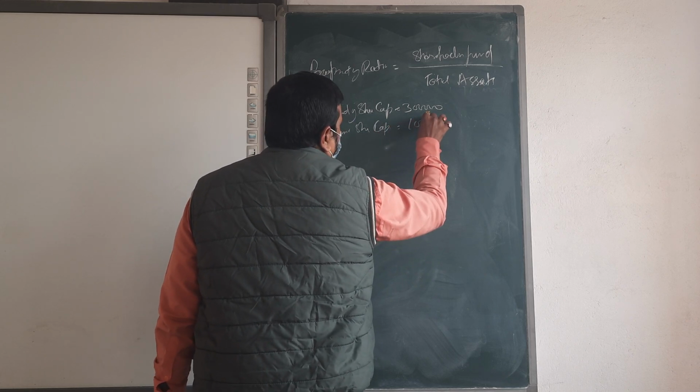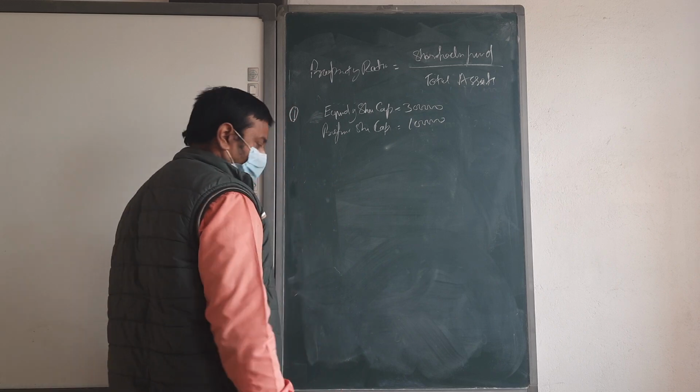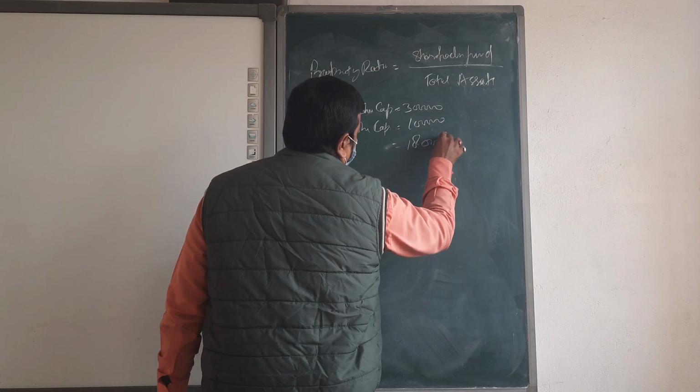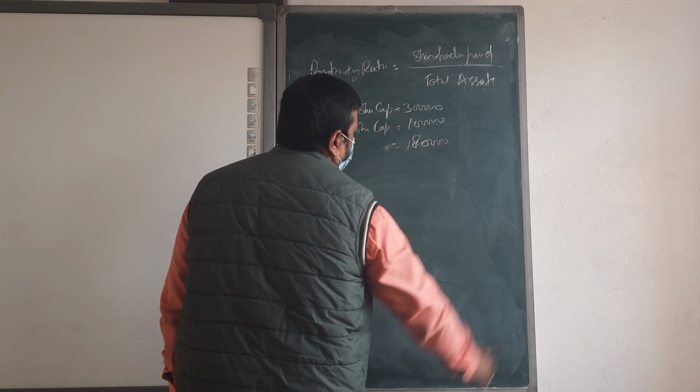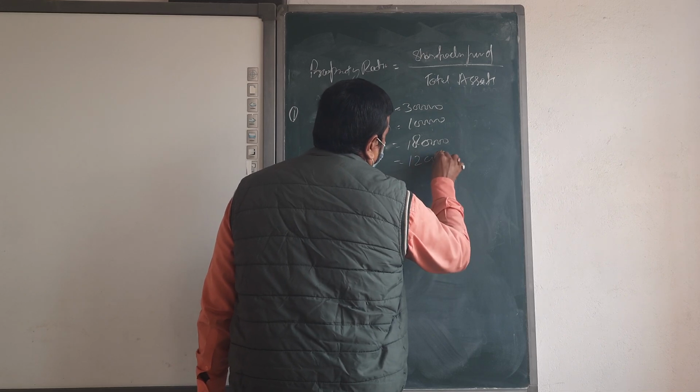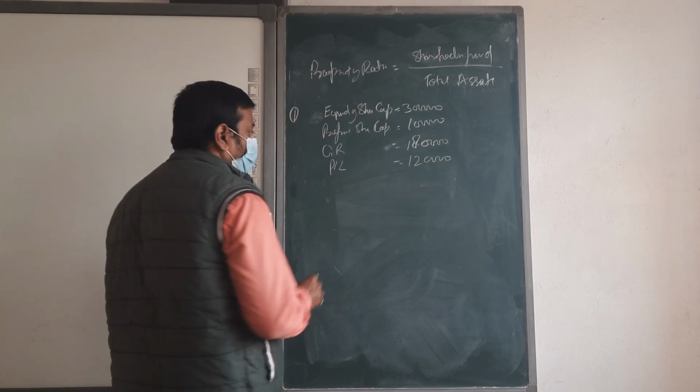General reserve 1,80,000. Profit and loss balance 1,20,000. Okay? Debentures 3 lakh.